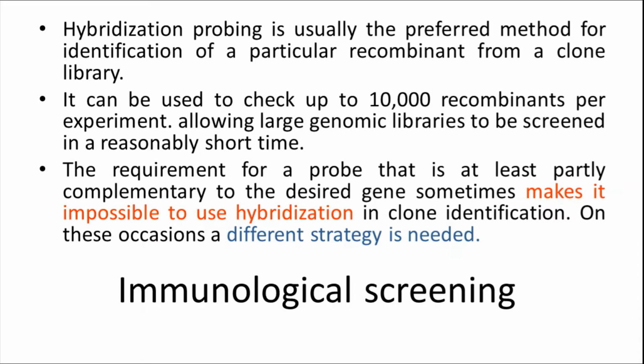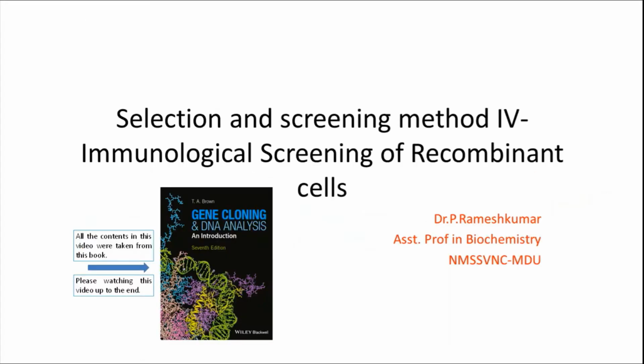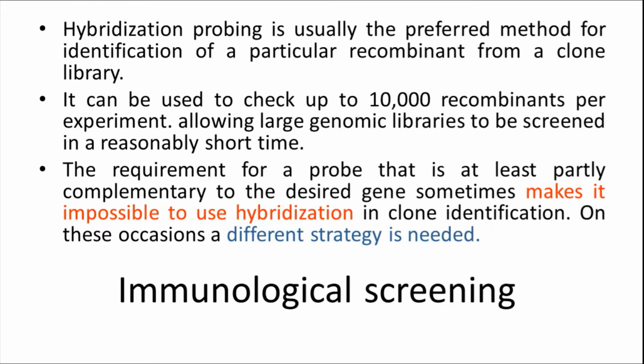This procedure is used to identify recombinants in the case of whether the recombinant cells express the insert of the gene. So whether the gene of interest is inserted in the vector and transformed into the host. After transformation, the inserted gene is going to express the protein product. Only then do we select by this method.